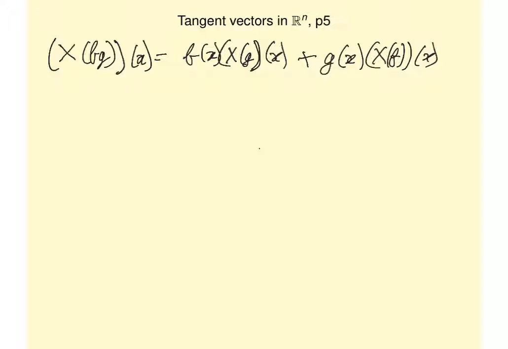So lots of parentheses there. Briefly, we normally just write X of fg. X of fg is f times Xg plus g times Xf.